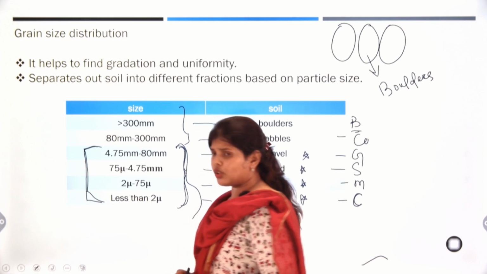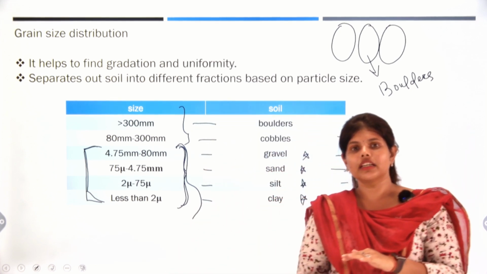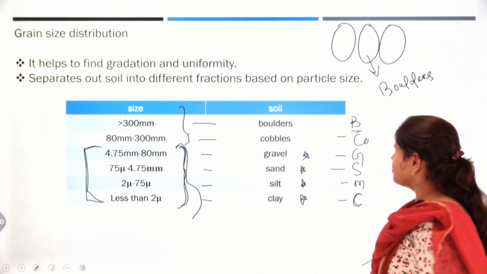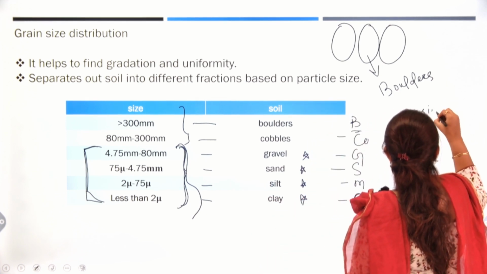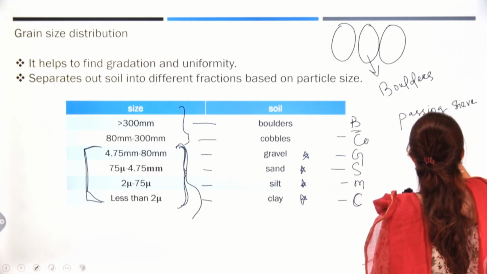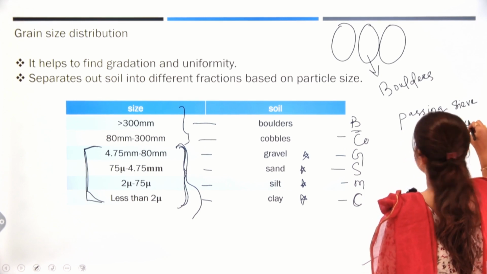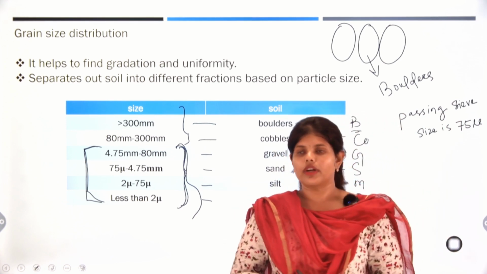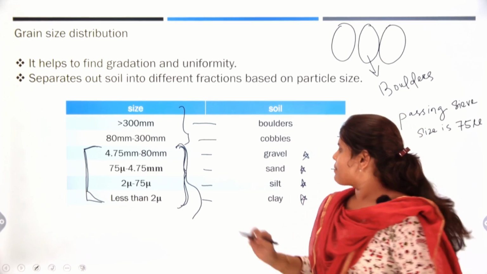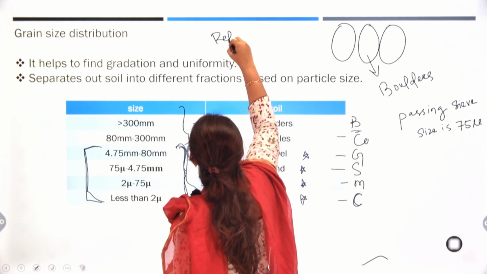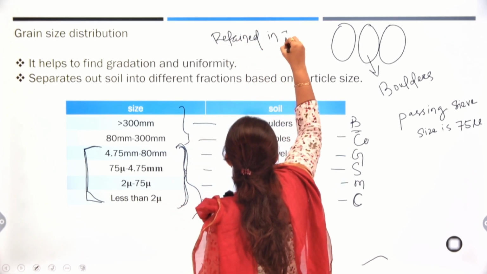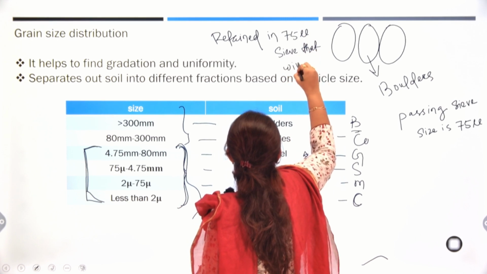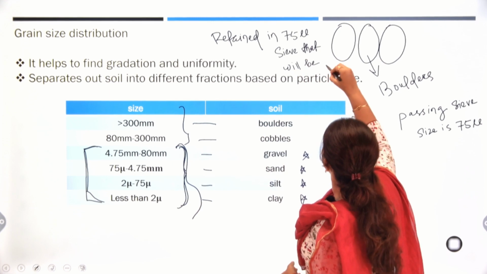When soil particles pass through the 75 micron sieve, that is termed fine grain soil.